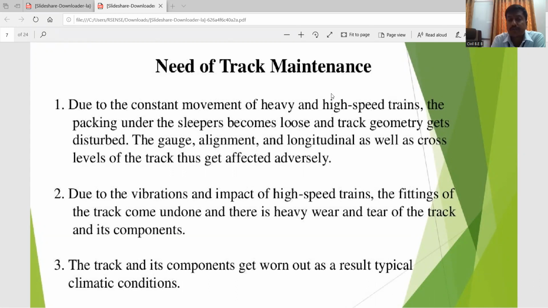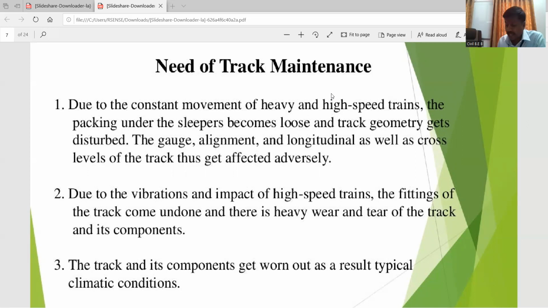Due to constant movement of heavy and high speed trains, the packing under the sleepers becomes loose and the track geometry gets disturbed. See, there is a huge load which is coming on a railway track, more than the load coming on our roadways, because on our roadways every vehicle has some limitation, like 30 ton, 40 ton, 10 ton, 5 ton.